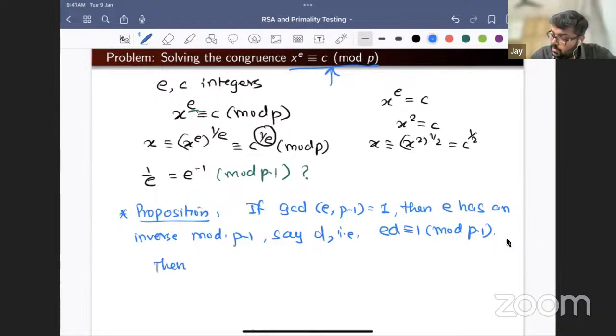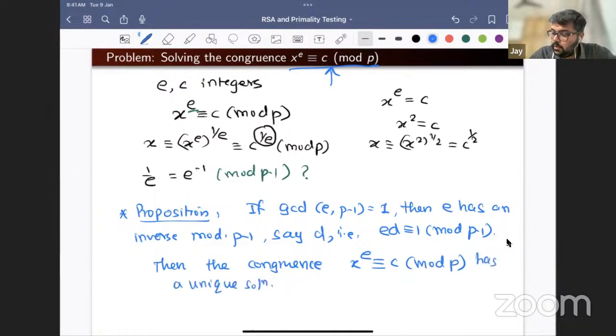the congruence x raised to e is congruent to c mod p has a unique solution, unique modulo p of course. It is given by taking the inverse of e on both sides.